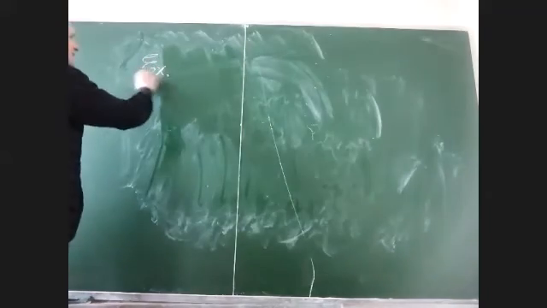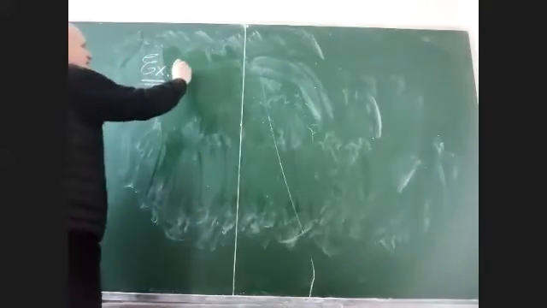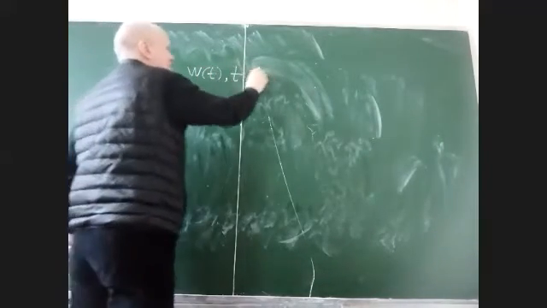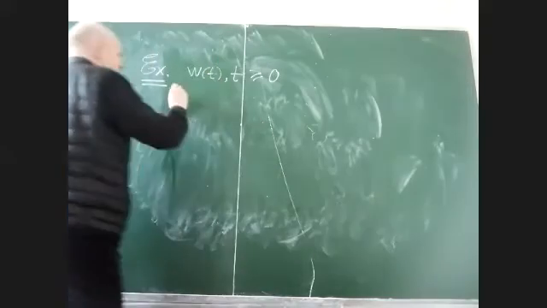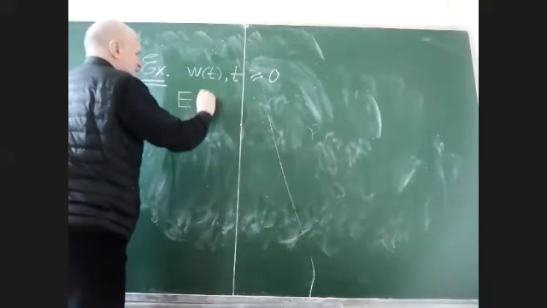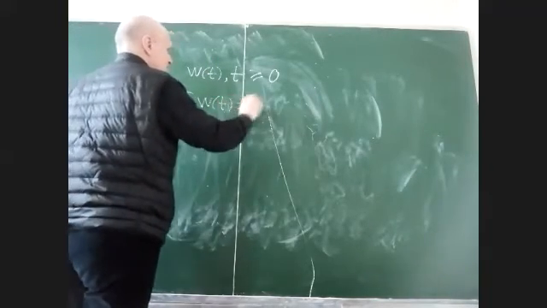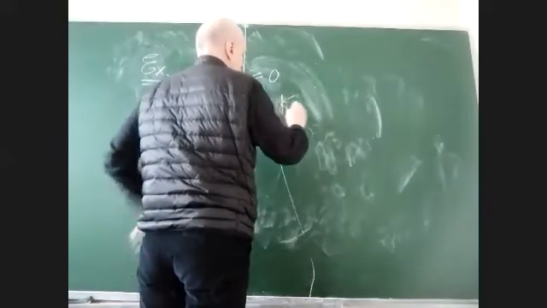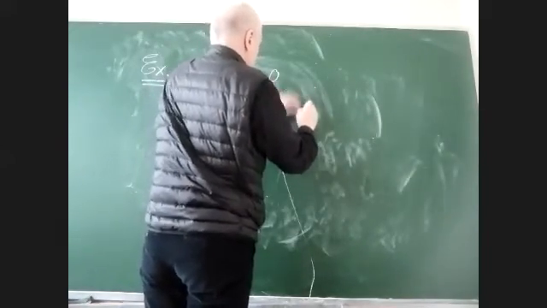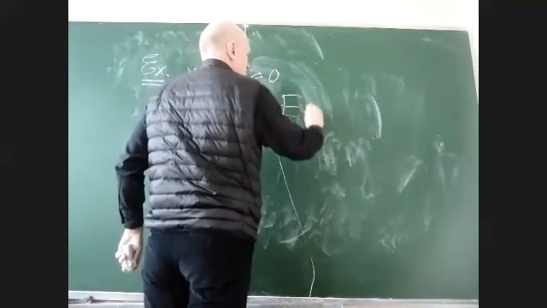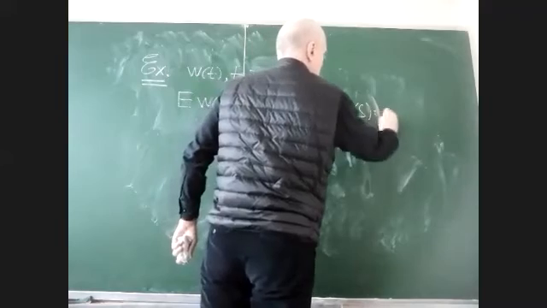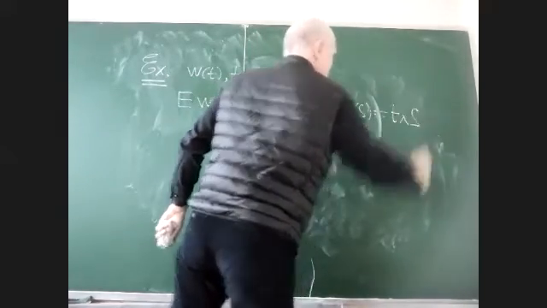So let us consider the following Gaussian process, Wt, t greater or equal than 0, such that the expectation of Wt is equal to 0, and the covariance function, the expectation of Wt multiplied by Ws, equals t minimum s.